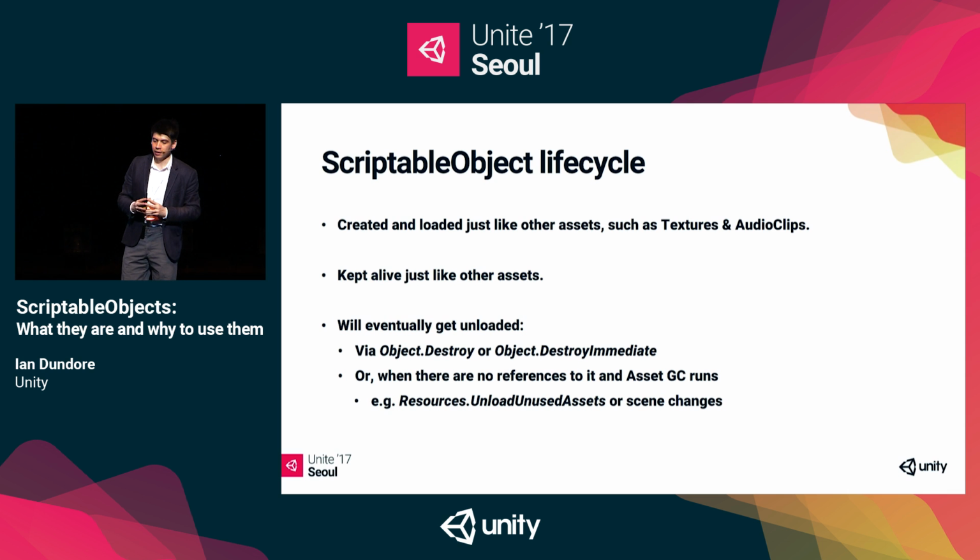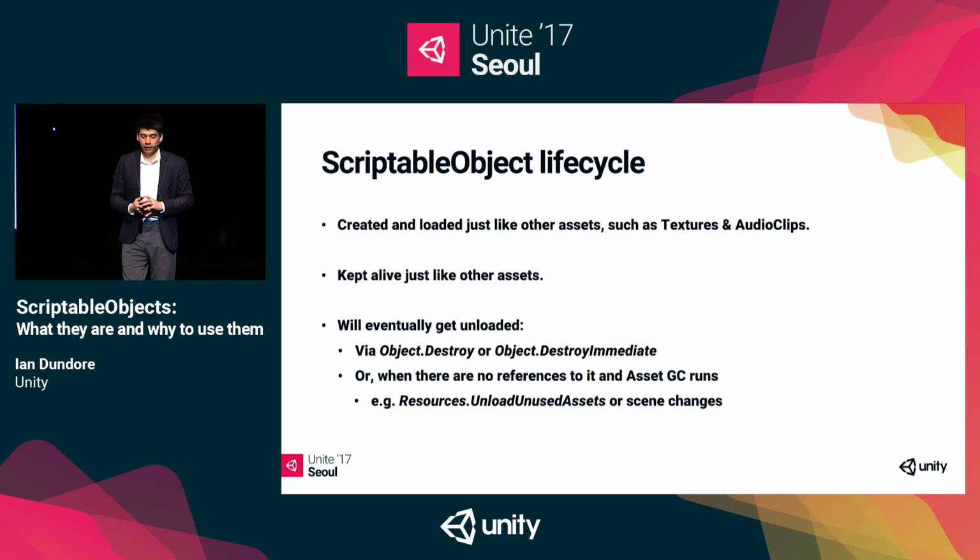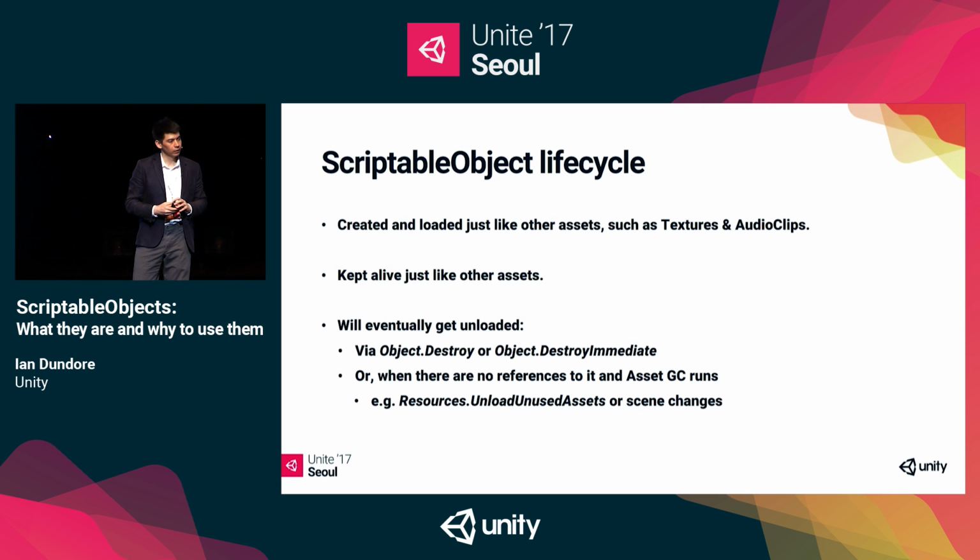That can happen in two ways. First, when you explicitly tell Unity to unload them. That's the Destroy or DestroyImmediate APIs. Alternately, they will be eliminated by the asset garbage collector if we detect that there's nothing holding a reference to the scriptable object. The asset garbage collector is what runs when you invoke the Resources.UnloadUnusedAssets API. It also runs when you change scenes.